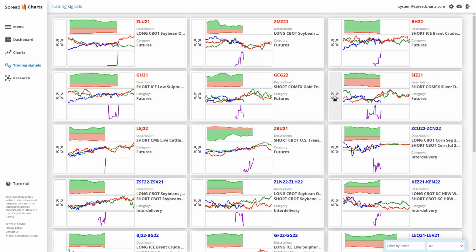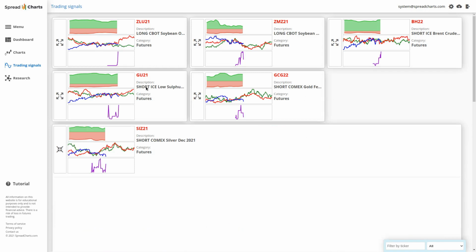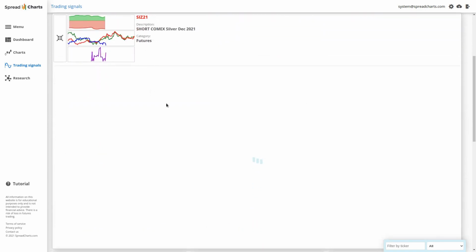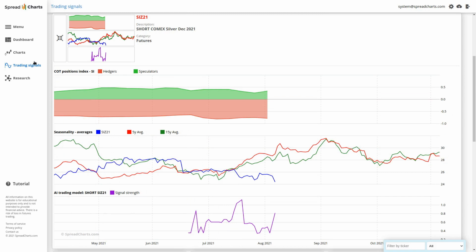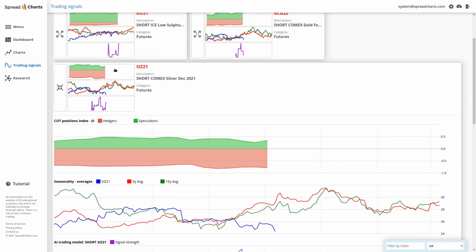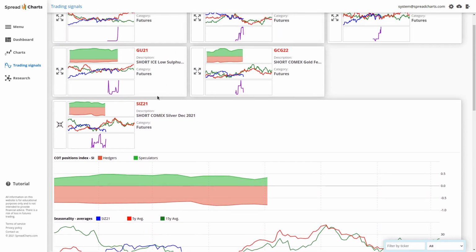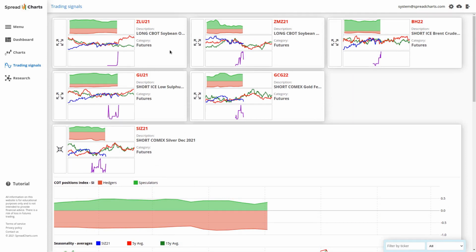So if you click on the signal, it will expand into a full-fledged interactive chart like you are used to in the charts in the app. Moreover, you will be able to see the full description because it is usually cut off when the tile is rolled up.